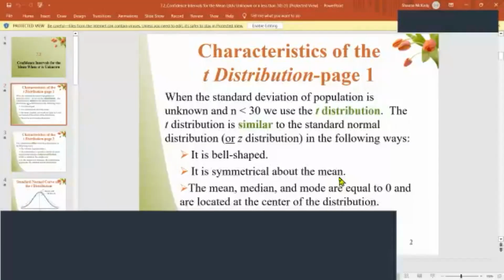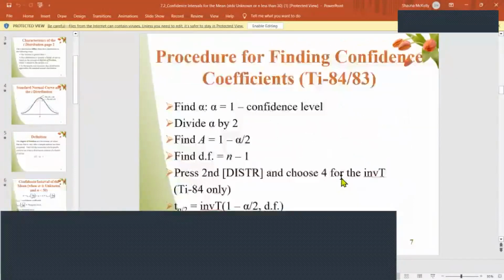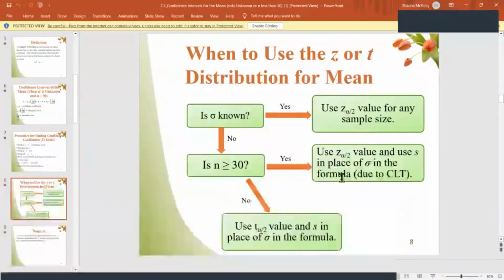Okay. This is our thing. If you look here, it talks to you about T's, and now here's your flow chart, slide 8 right here. You have to show that you answer these questions.